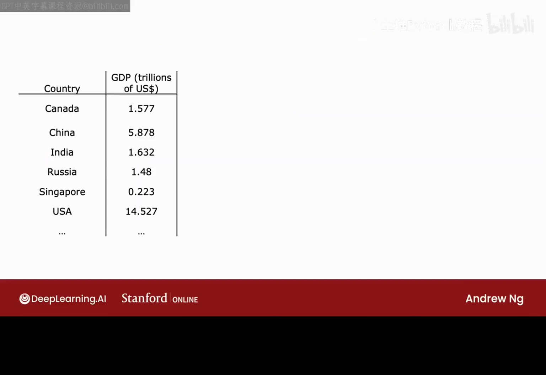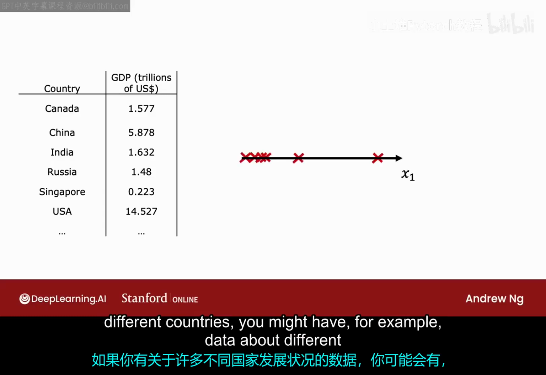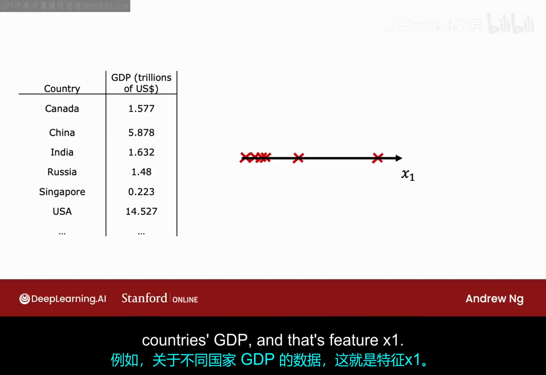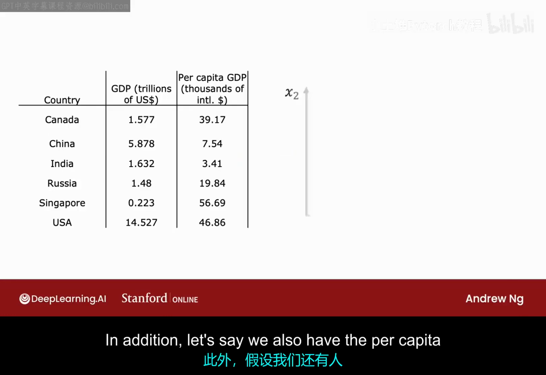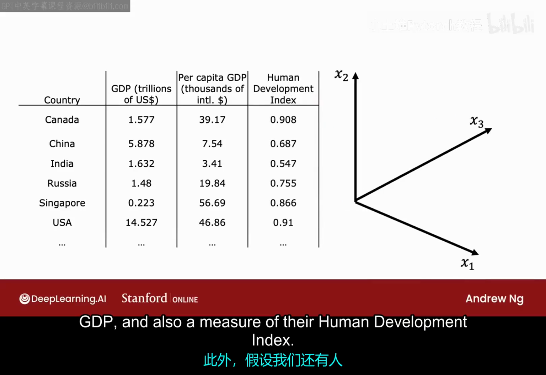Here's one more example. If you have data about the development status of many different countries, you might have, for example, data about different countries' GDP, and that's feature x1. In addition, let's say we also have the per capita GDP, and also a measure of their Human Development Index.